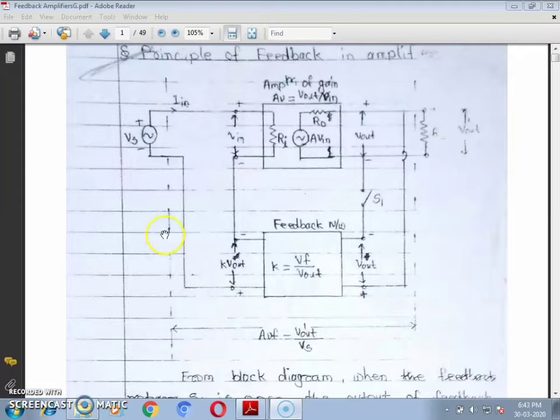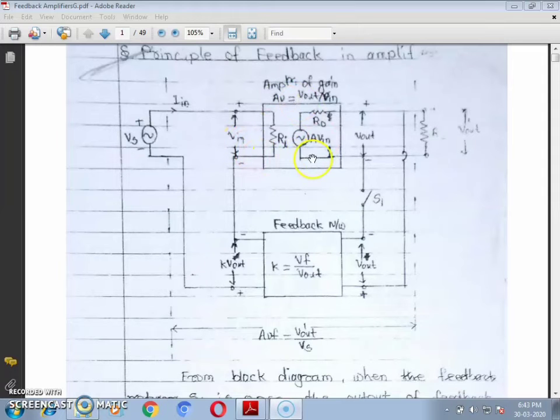Now this is the external source, the function generator signal Vs applied. If the switch S is open, then this feedback network is not coming into the picture. At that time the gain of the basic amplifier is given as the output of the basic amplifier to the input of the basic amplifier.